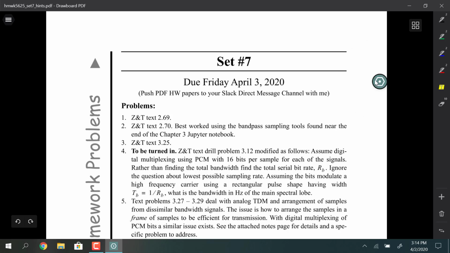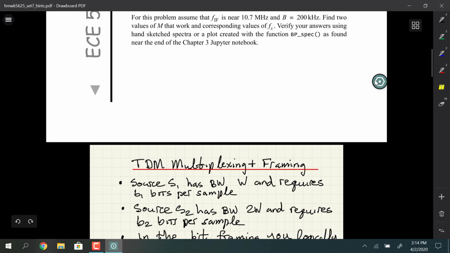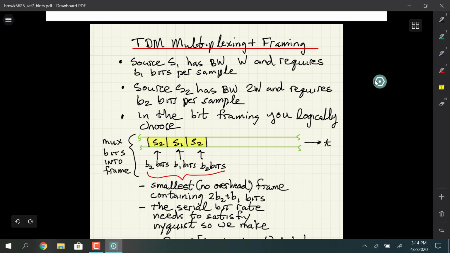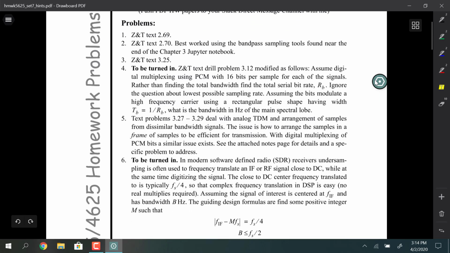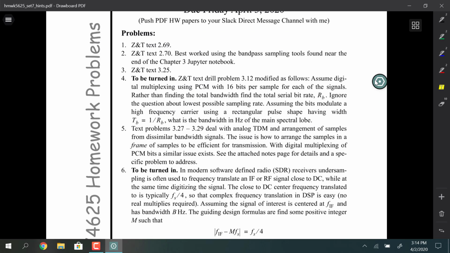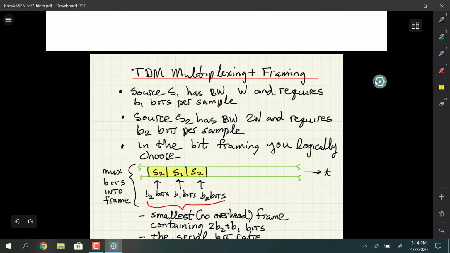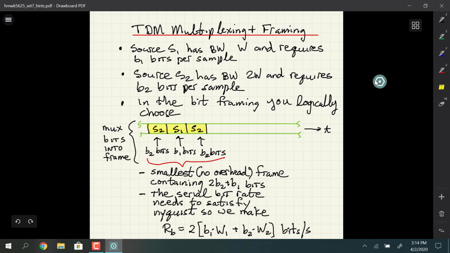for today. So I gave you the introduction to the undersampling and so on, and I decided what I would like to do here is just go back and make sure you're solid on both the homework problems. The first homework problem you're turning in is modified slightly from the drill problem, but the idea is you want to pack each of those channels into a serial bit stream in order to transmit them using time division multiplexing.